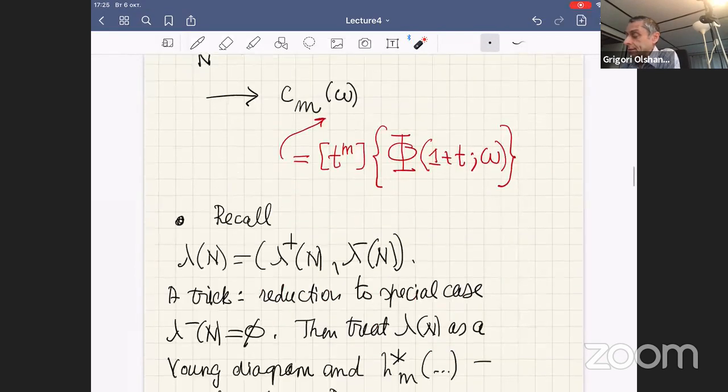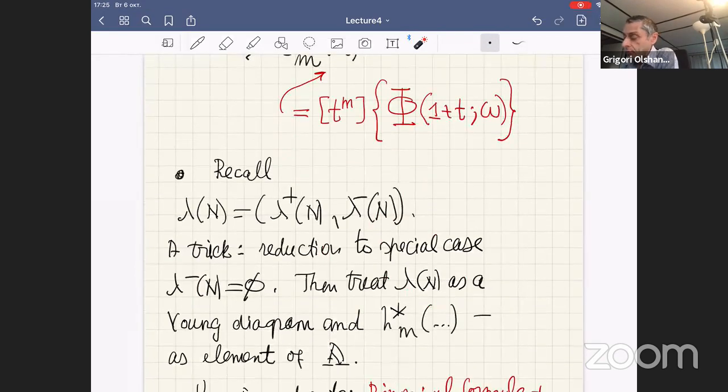Now, the next simplification is as follows. Recall that our signature can be viewed as a couple of two Young diagrams, and assume first that one diagram is empty, so there is no negative coordinate. And assume that we can prove this relation in this case.